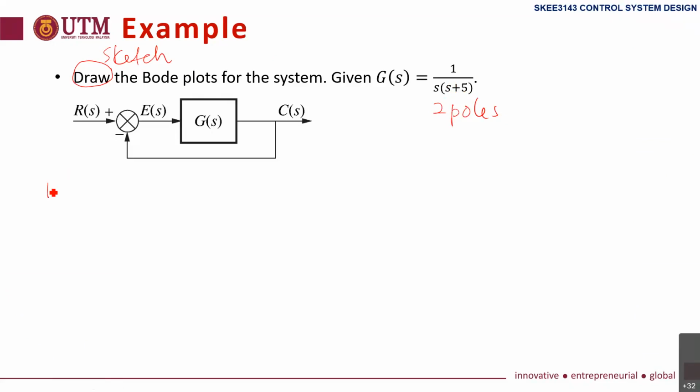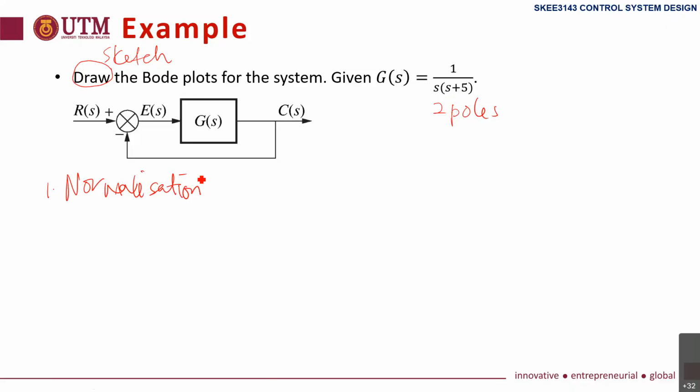In sketching the Bode plot, the first step is to do what we call normalization. What does this mean? Remember that each component has its own form.